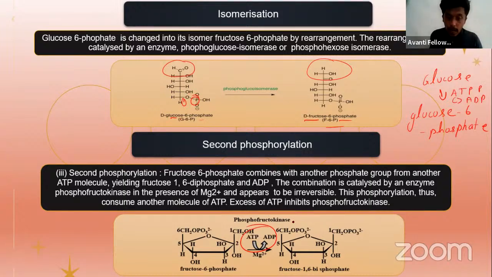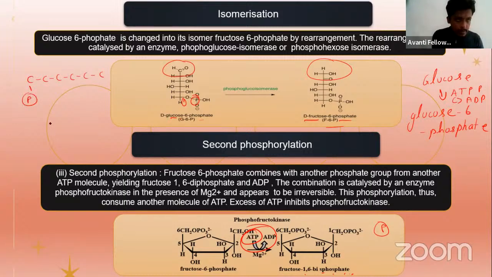Similarly, if we want to add one more phosphate, we use another ATP, and then ATP is converted into ADP. Here we get one more phosphate. Here, fructose 6-phosphate is converted into fructose 1,6-bisphosphate. That means fructose has 6 carbon atoms, and on the first carbon atom there was one phosphate.